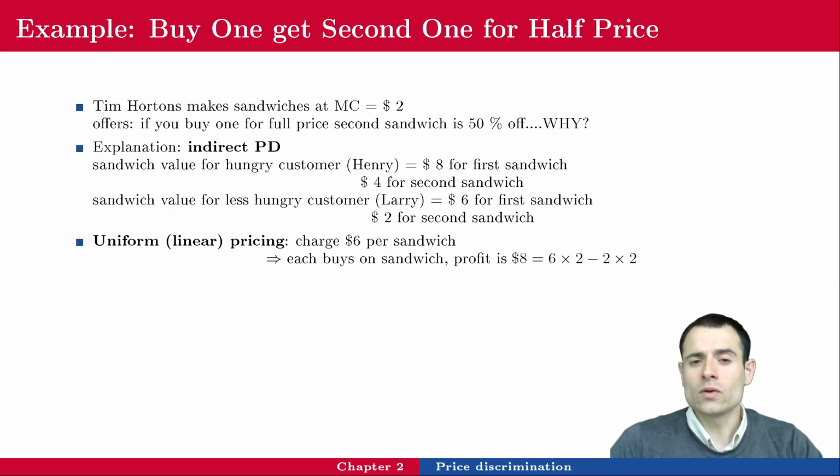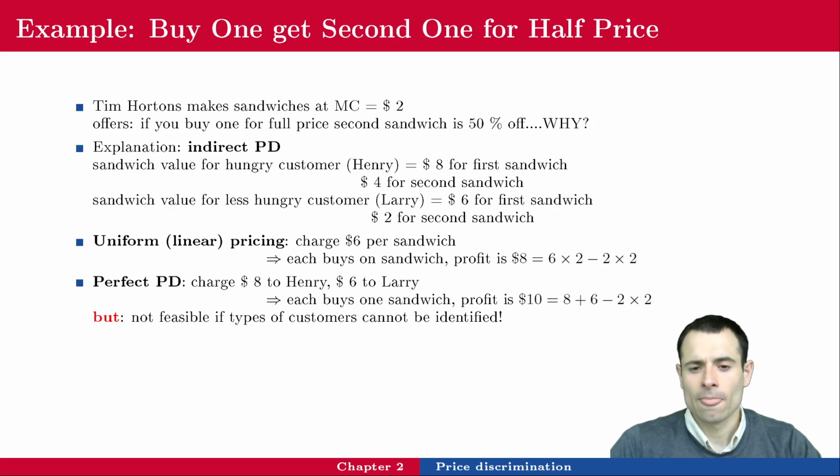Now, we go over first-degree price discrimination. So what can Tim Hortons do if it's able to distinguish who is Henry and who is Larry? Well, it's going to charge the maximum price to Henry and the maximum price to Larry. $8 to Henry, and Henry buys a sandwich. He's willing to pay for it. $6 to Larry, and Larry buys a sandwich.